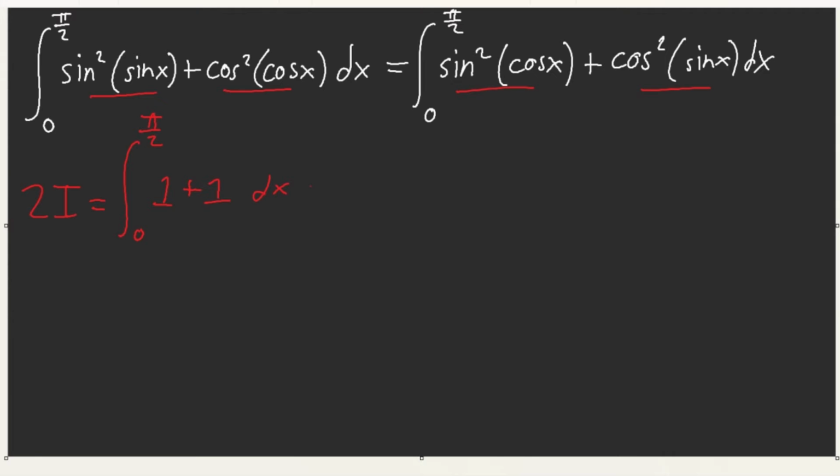So what we have, this is 2, this is pi. So our answer, I hope I did that correctly. I hope so. 2 pi over 2 should be pi. Yeah, so the whole integral here should equal pi over 2.